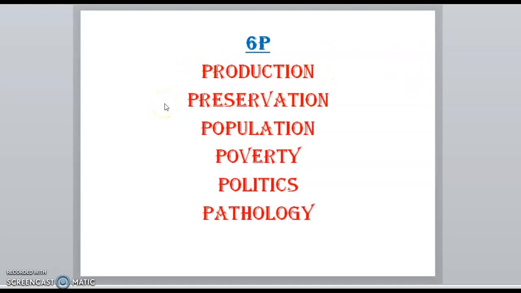Then the second one is preservation. When we do not have the proper preservation mechanism, sometimes the food gets wasted. At some point of time, there will be excess of food, and at some point of time, there will be lack of food. When there is excess of food, we need to preserve that food for future use, and when there is lack of food, we need to take out that preserved food for use. So here we need to balance both situations.